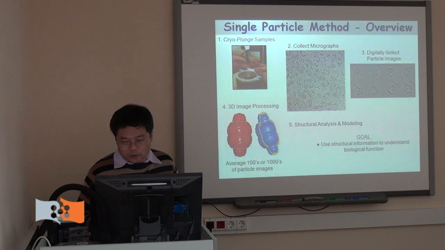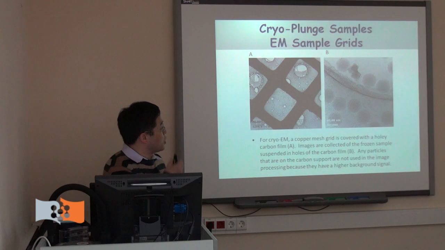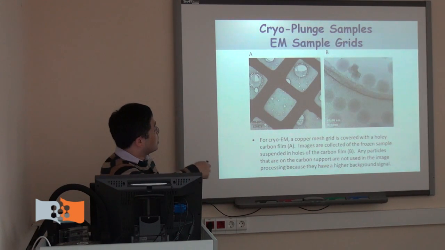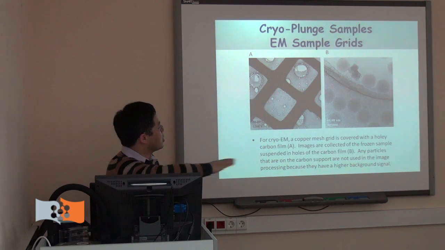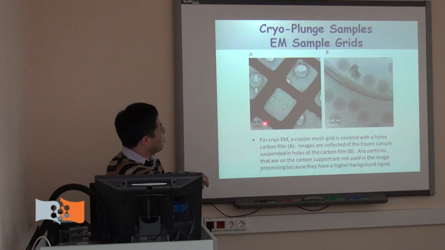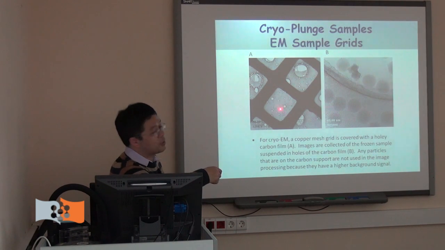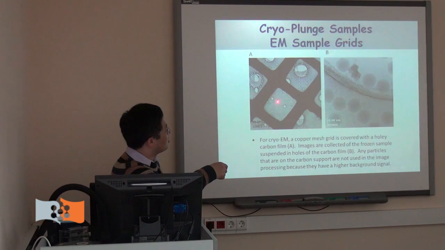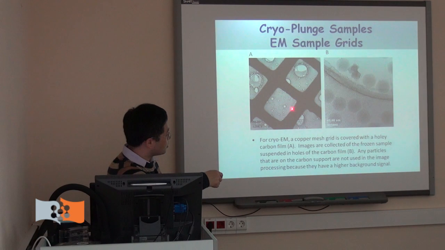So this is the overview. We use the EM sample grid. That's where we apply the sample. We coat the EM grid with a thin layer of carbon, and on this carbon there are holes of different sizes, small holes and big holes.